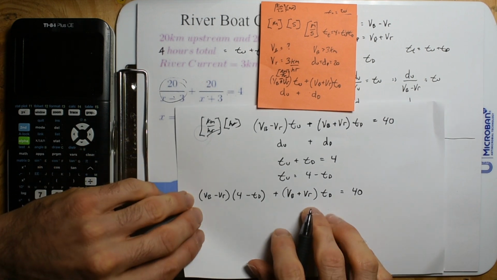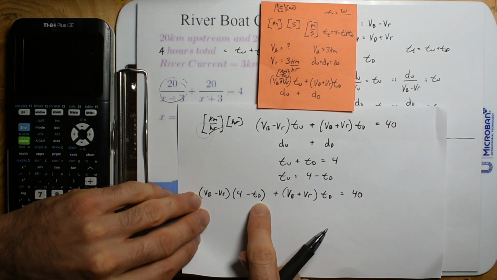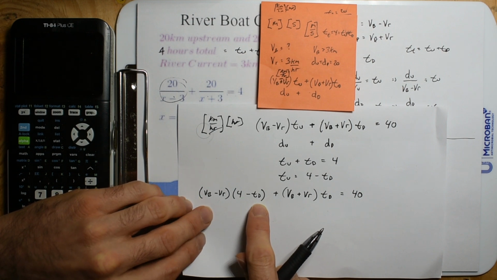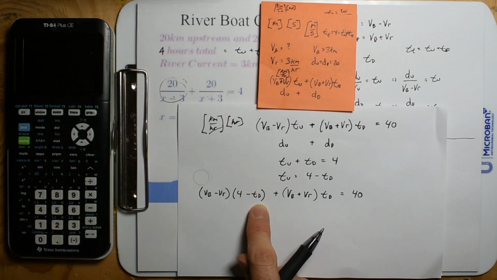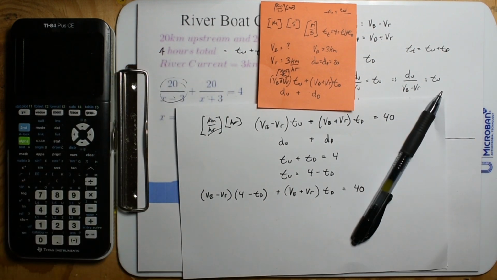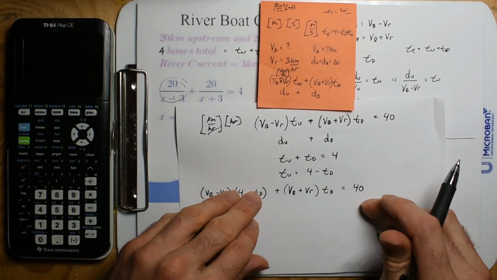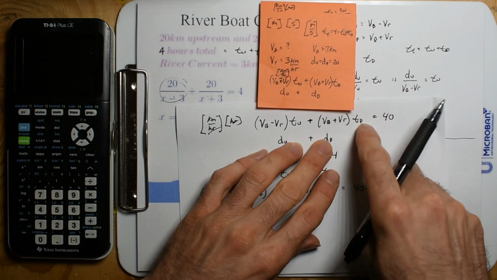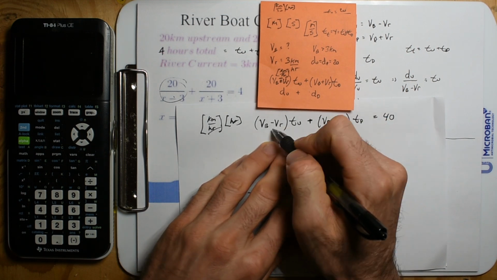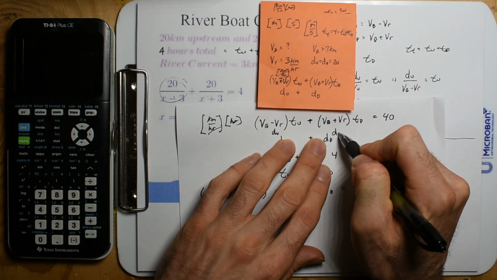Now, even here it's just like, well, how do I get rid of this time downstream term? That's when I realized, well, maybe this wasn't the best way to go, and this was adding too many equations, because we said that this was du and this was dt.